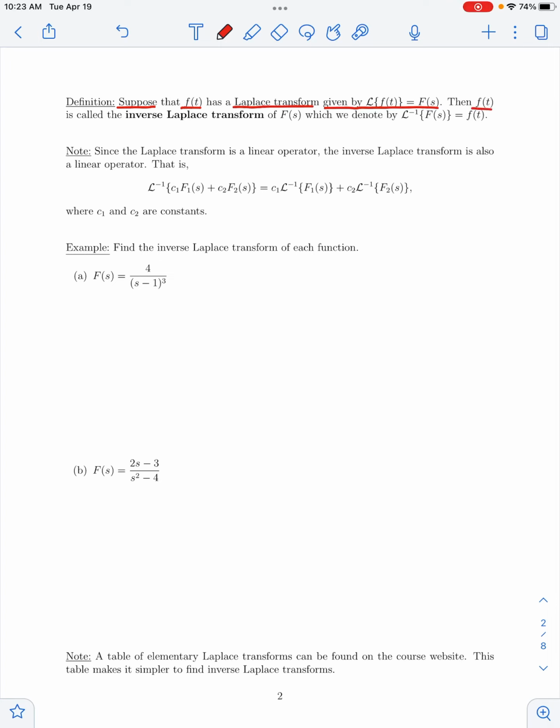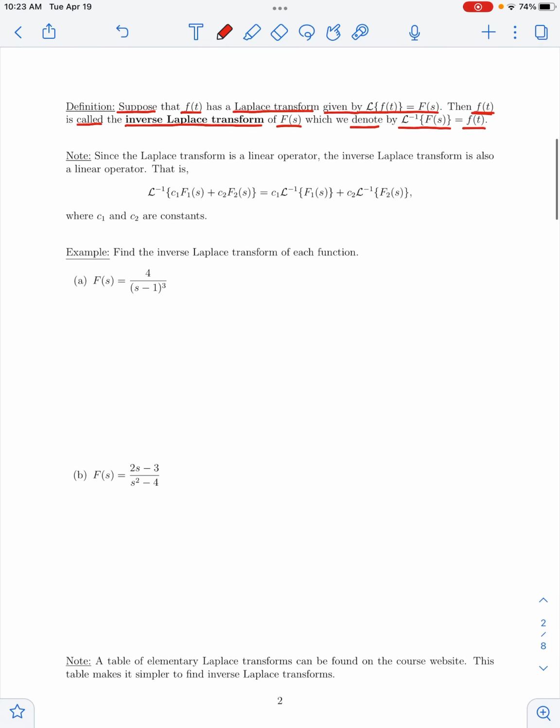Then we would say that the function little f of t is called the inverse Laplace transform of capital F of s, and we denote this as script L inverse of capital F of s is equal to little f of t.